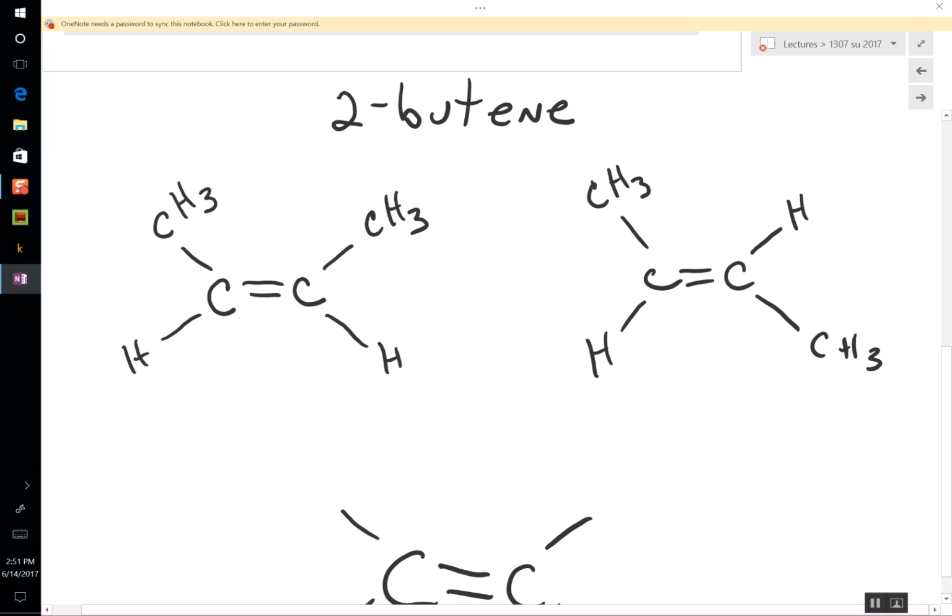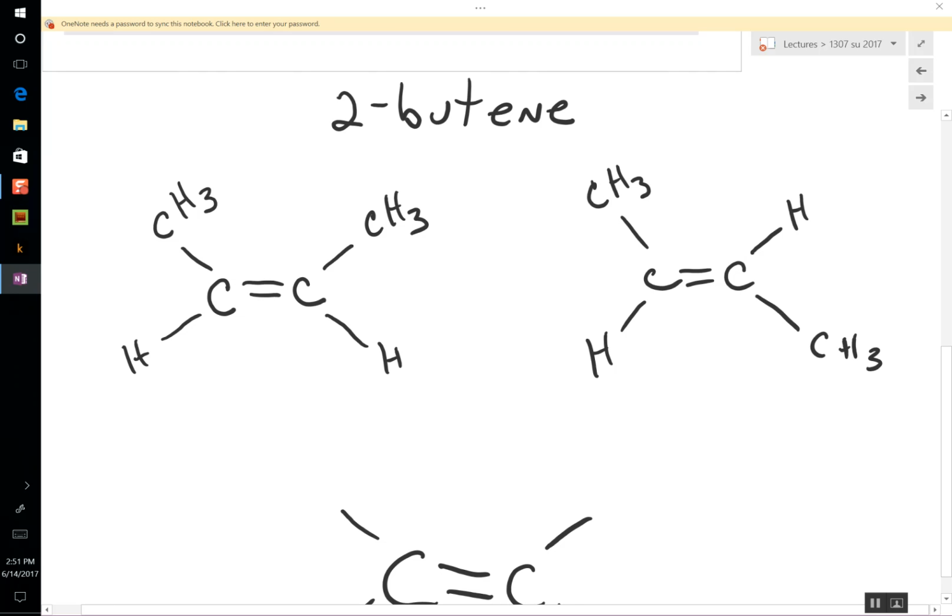So this molecule I have right here is this one. It's still 2-butene. This molecule over here, in order to get that into that configuration, I've got to actually rip it off and put it up there. I can't rotate it up to that position.